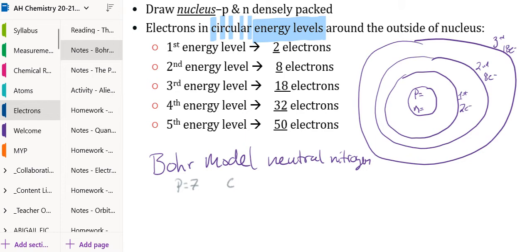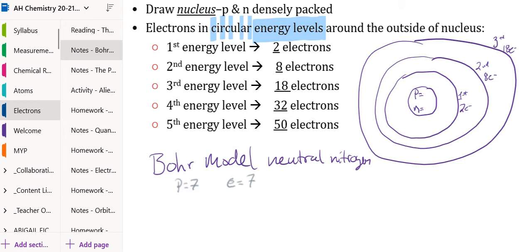If it's neutral, how many electrons does it have? 7. What's the average atomic mass of nitrogen? Anybody on your periodic table? 14.07, is that right?